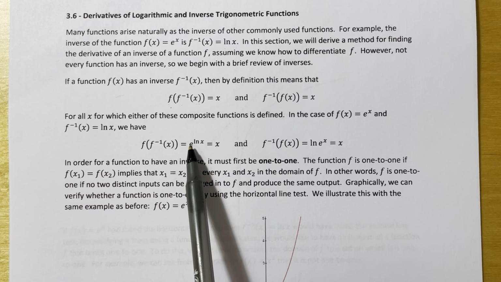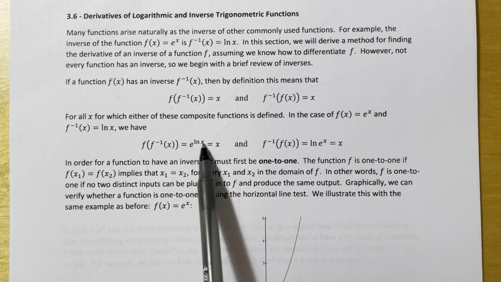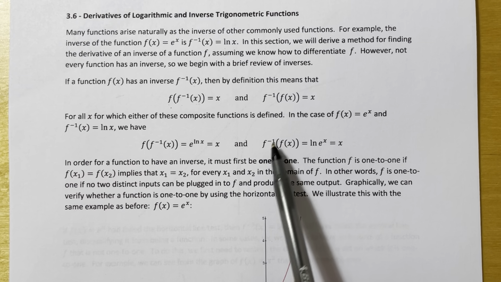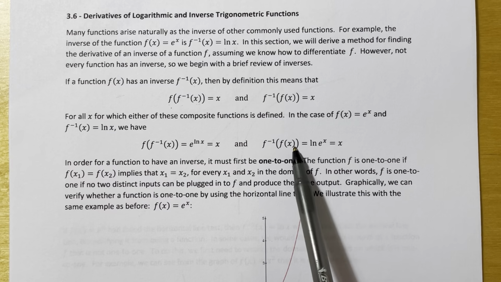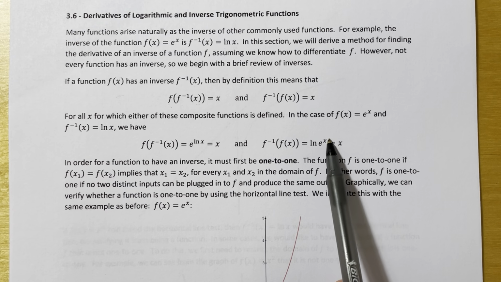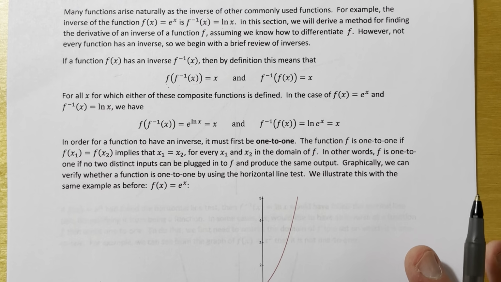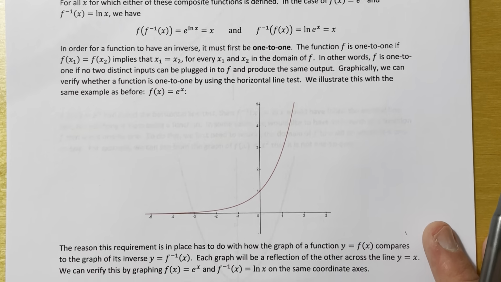We know from algebra that the e and the natural log cancel each other when you compose them this way, leaving you with just that x right there. Done the other direction, f inverse of f of x would look like this: natural log of e to the x. The natural log and the e cancel each other in this case as well, leaving me with just the x. Okay, so this is one example of an inverse function, but there's plenty more.